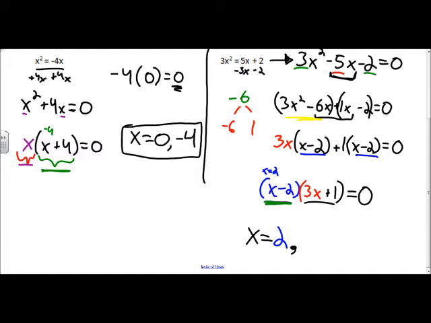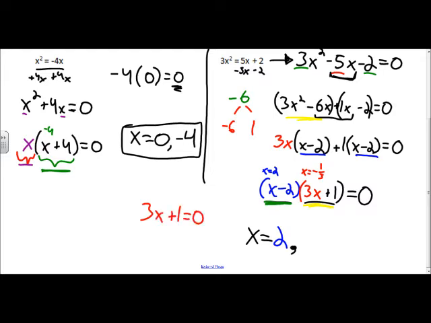When we are looking at this other factor, 3x plus 1, we want that to be 0. The only way to do that is if our x equals negative 1/3. Just to quickly show you why that is, 3x plus 1 equals 0.